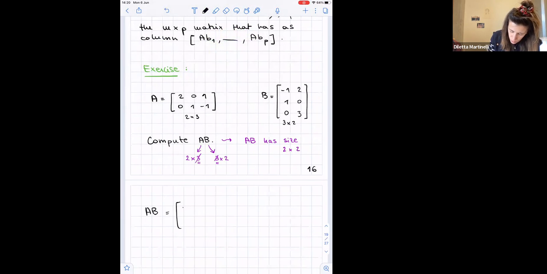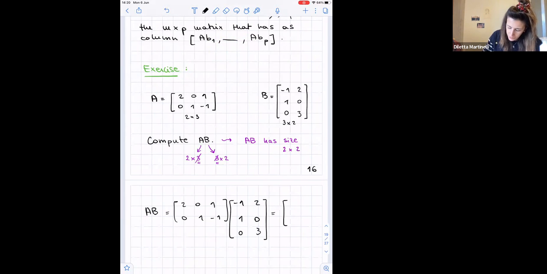AB, so 2, 0, 1, 0, 1, -1, and -1, 1, 0, 2, 0, 3. So we get, the first entry is this row times this column: -2, 0, 0, so -2.